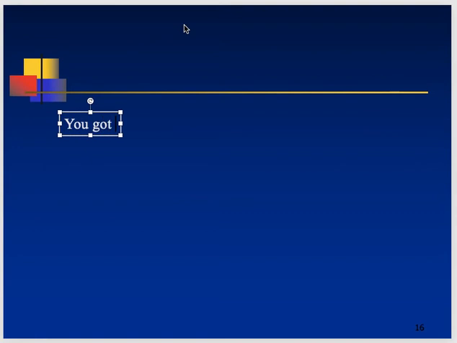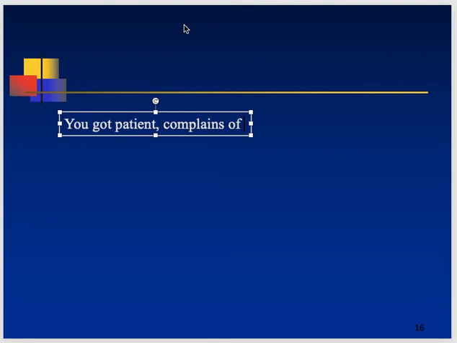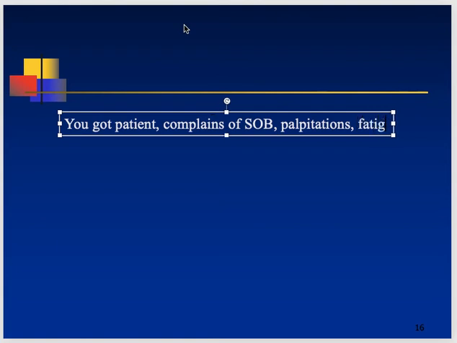You've got a patient who complains of shortness of breath, SOB, as well as palpitations. When someone is conscious, they can feel their heart beating, the thumping feeling, so we call it palpitations, and he feels fatigued over some period of time.